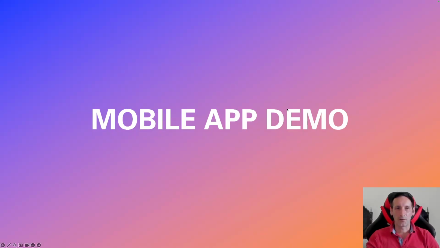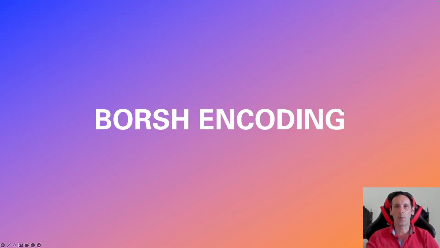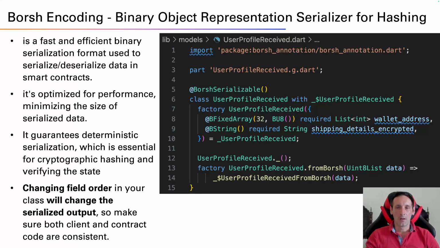All right, so let's talk about Borsh encoding, which is, as I said before, very essential if you're serious about doing transactions with Solana. Borsh encoding is a fast and efficient binary serialization format.